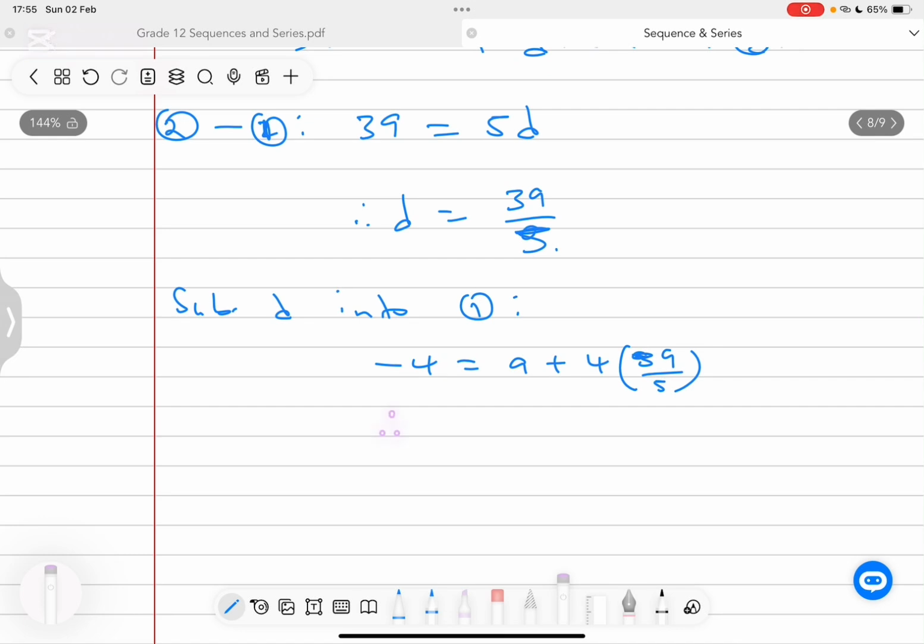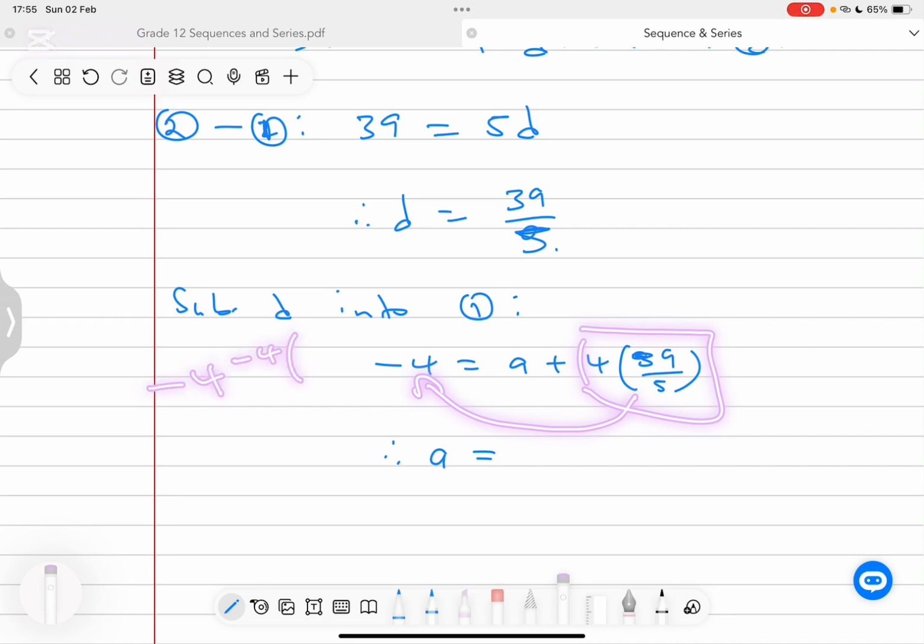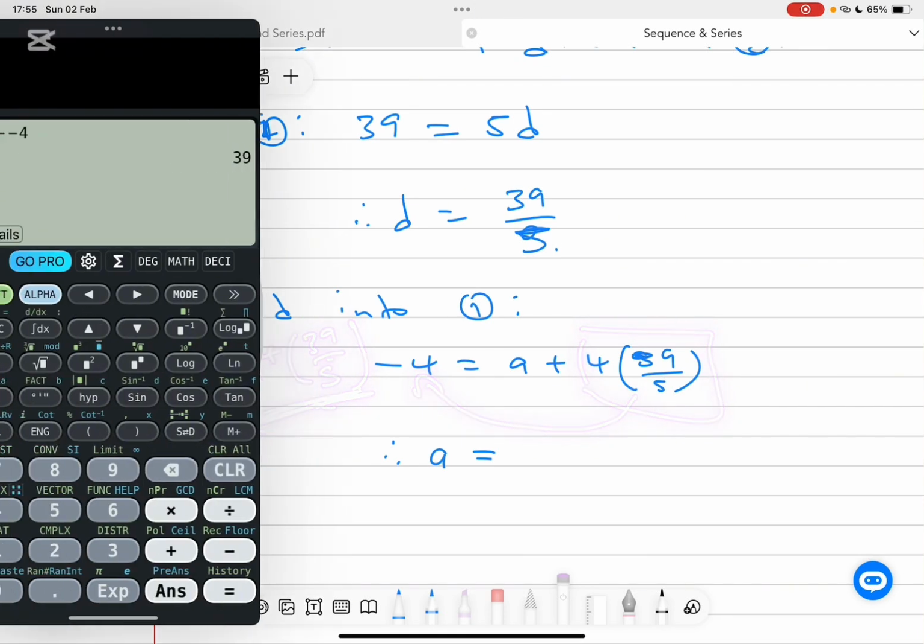Now, to save time with this question, I think you can just jump straight to the final answer by actually pulling out your calculator. Because what we're going to do here, we're going to take this whole number, put it this side, so that I have negative 4 times 39 over 5. Right, so I'm going to punch this whole thing in a calculator. Negative 4 times 39 over 5.